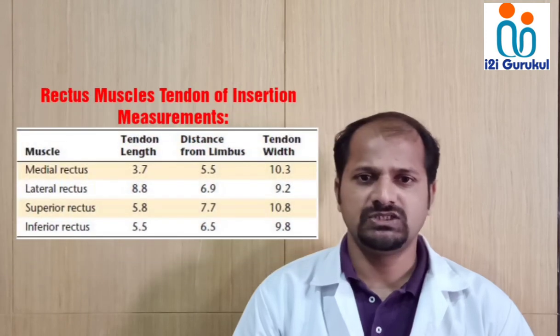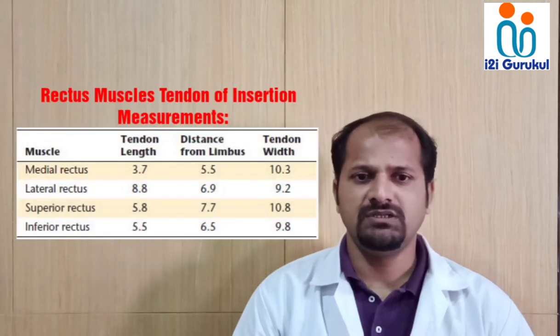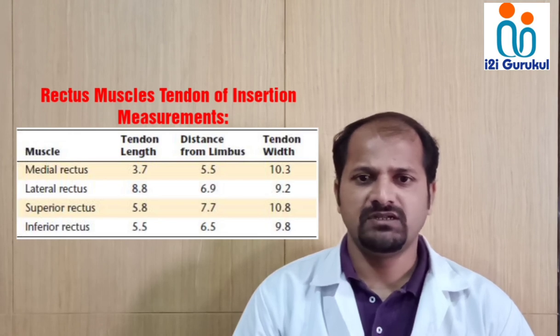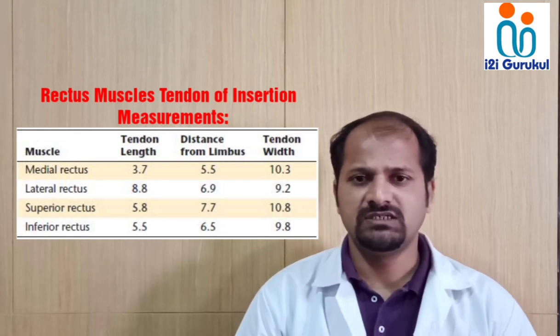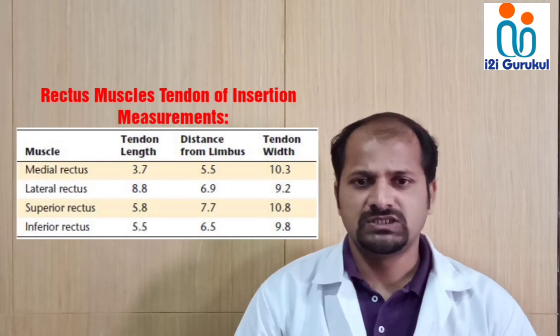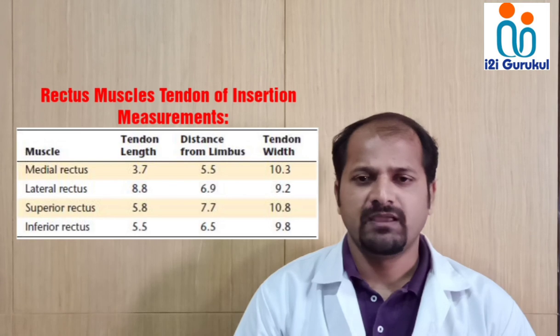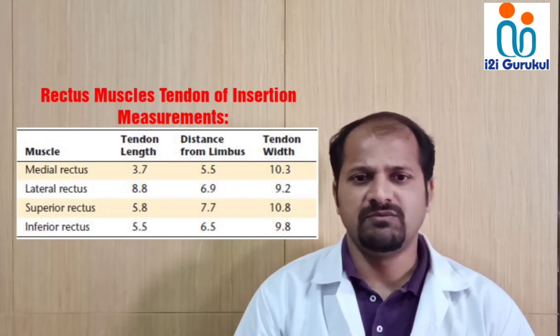Now we will go through the muscle tendon and insertion measurements. Coming to the medial rectus, it has a tendon length of 3.7 mm, it is inserted 5.5 millimeters from the limbus, and it has a tendon width of 10.3 millimeters.